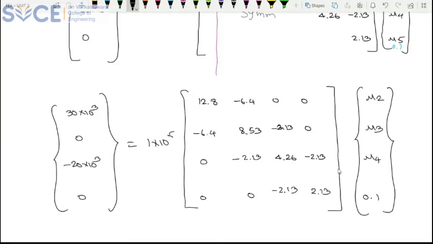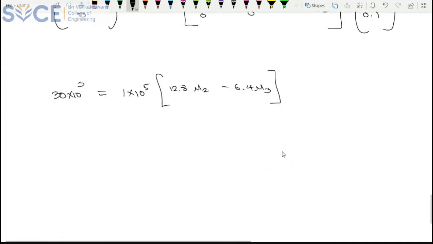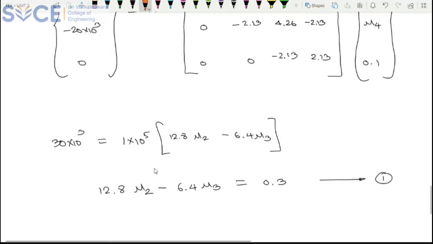So everything else becomes 0. This is my first term. When I simplify, I get 12.8 U2 minus 6.4 U3 is equal to 0.3. This is equation number 1.